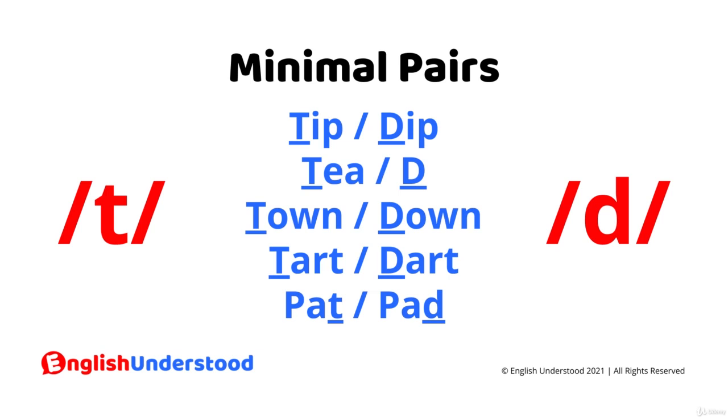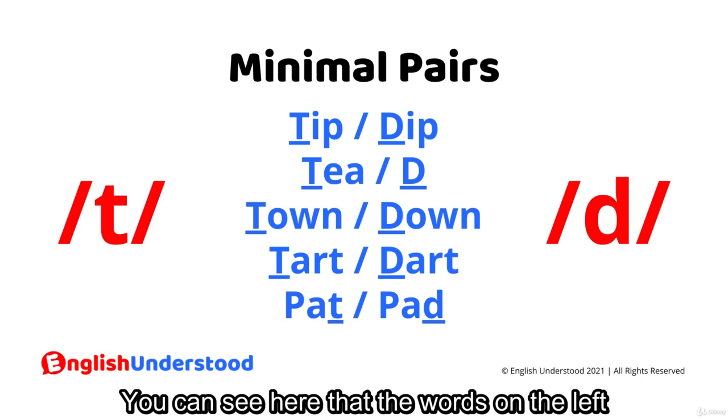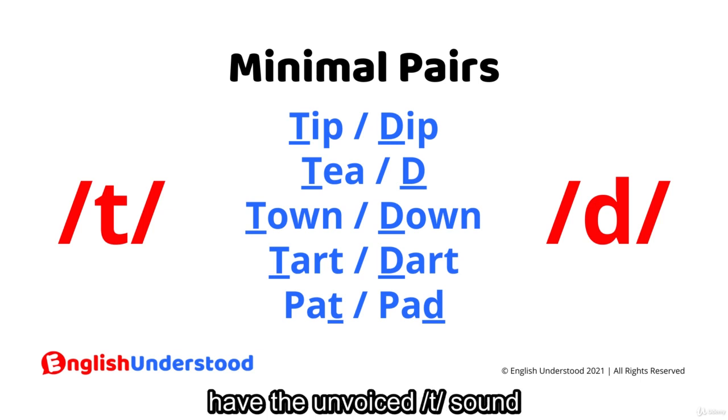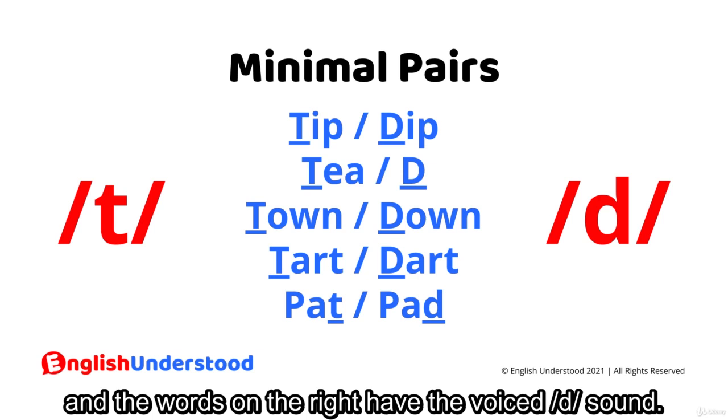Tart, dart. Pat, pad. Pat, pad. You can see here that the words on the left have the unvoiced t sound, and the words on the right have the voiced d sound.